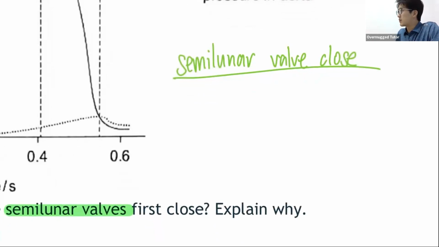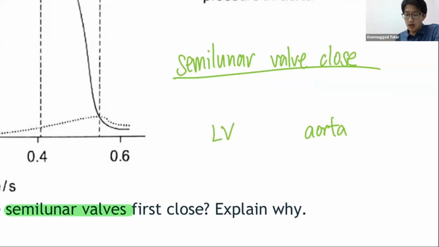The semi-lunar valve is found between where and where? The valves found between the atria and ventricles are the bicuspid and the tricuspid. This is the one found between the left ventricle and aorta.